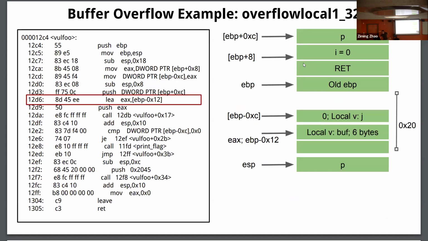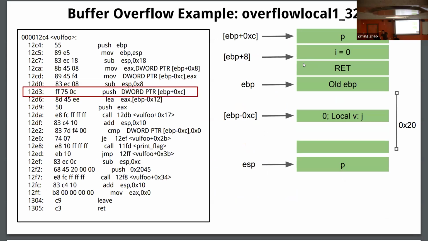So let's say we have a push here. This is the push of P, the second parameter. Then we know what we're going to push next. Here we're going to push the address, and this should be the address of the buffer. The buffer will be somewhere here or somewhere here. We don't know yet. So basically this is a pointer.